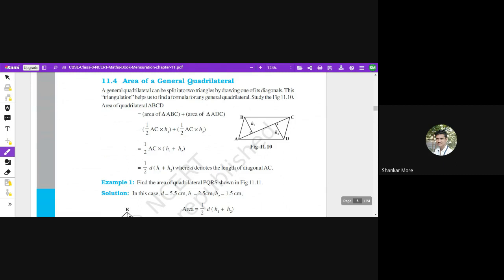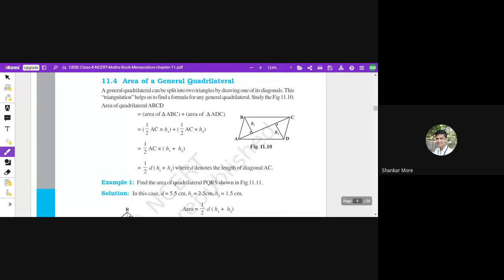So let us suppose we have a rectangle. A rectangle is also a quadrilateral, right? This is a special type of quadrilateral. Rectangle का formula तो हमें पता है, L into W, length into width. वो रहा एरिया का फॉर्मूला, राइट? स्क्वायर के लिए क्या है?